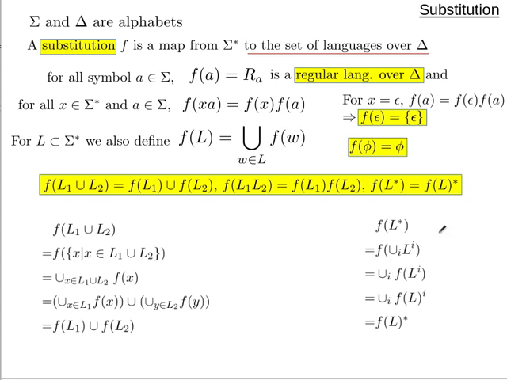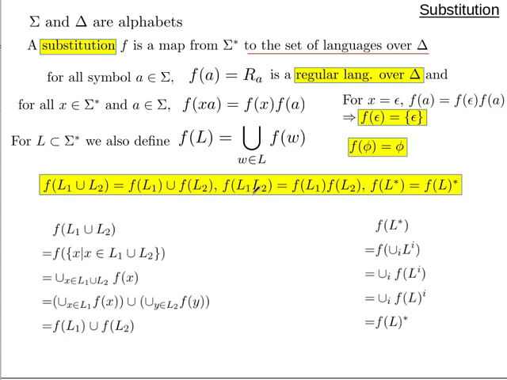Here maybe I should just mention one thing, that this is the union of all the Li's, right? And we have already proved this for union. So this is just one union, it's not a finite union, it's infinitely many unions, but anyway, you can take this union, and then you can push this inside, and once this is inside, you can take this property.